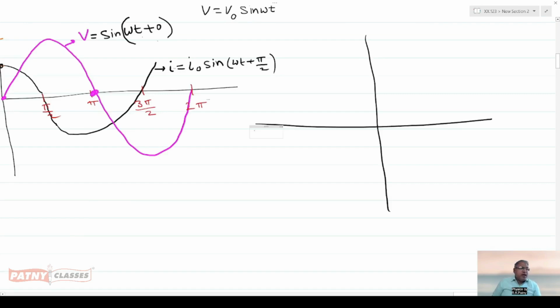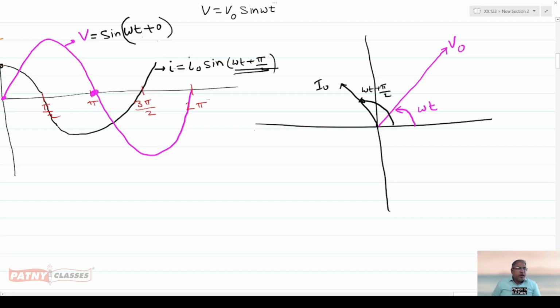Now let us draw the phasor diagram for voltage. It is V equals sine of omega t plus 0. A phasor diagram is a vector diagram, and this is its magnitude, and this angle is omega t plus 0. So this is the phasor diagram for the instantaneous value of voltage applied across the capacitor. And for current, it is omega t plus pi by 2. It will come here somewhere, I naught, and this angle is equal to omega t plus pi by 2.